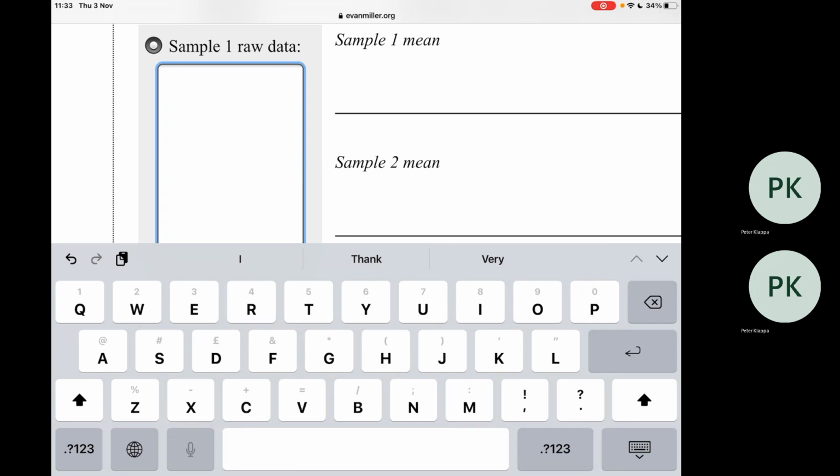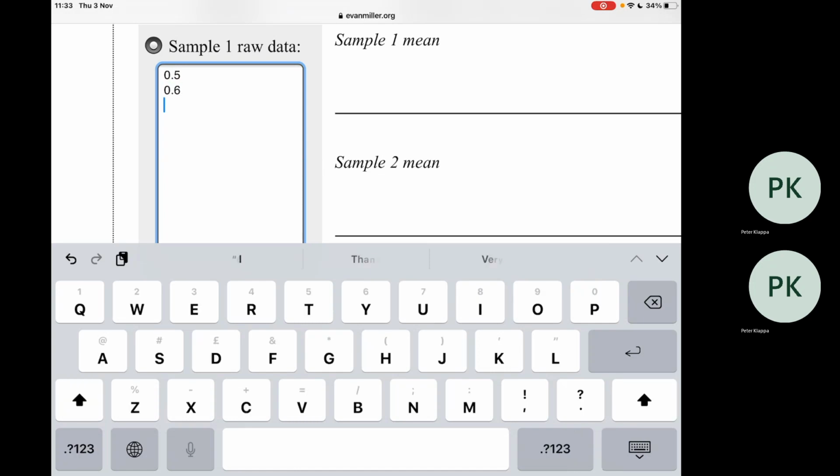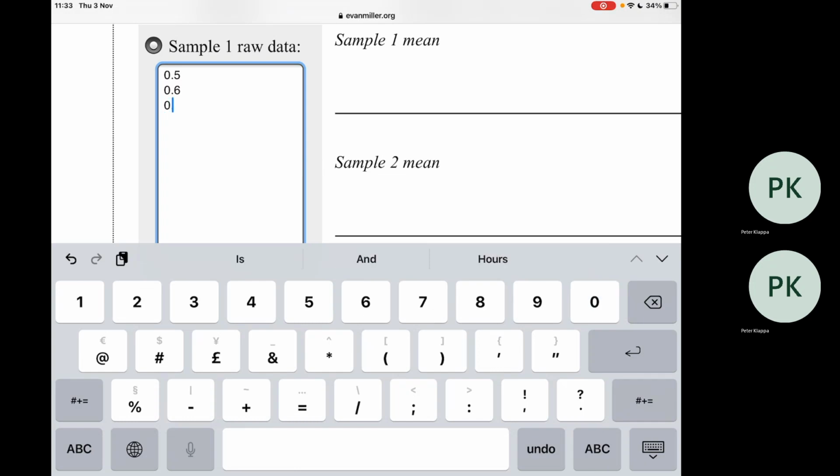So for example, we take 3 cells and measure the concentration of the red color in it. So for the first one, we get 0.5. The second one, we get 0.6. And for the third one, we get 0.7. Let's do it like that.